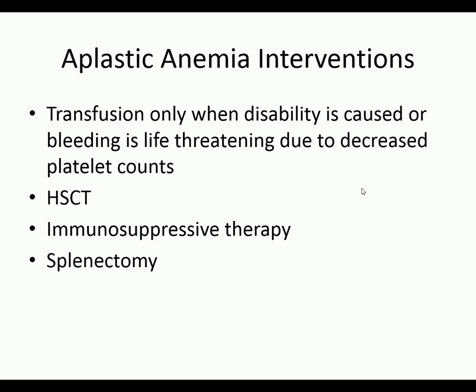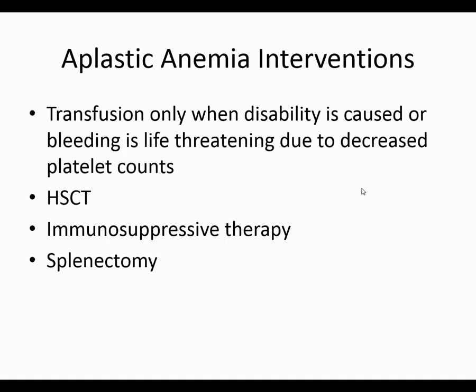Okay. Interventions: therapy is directed at restoring function to the marrow and involves two main approaches: immunosuppressive therapy to remove the presumed immunologic function that prolonged aplasia, and your other one is replacement of the bone marrow through transplantation.